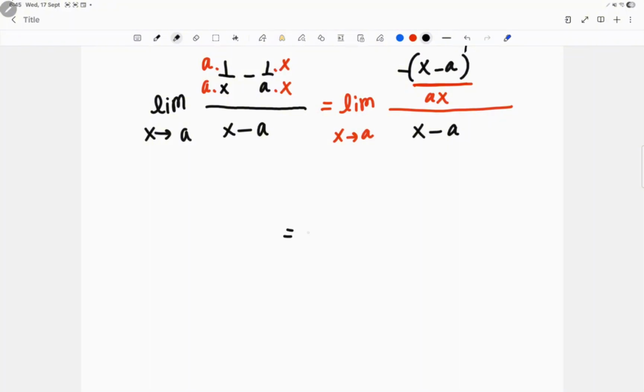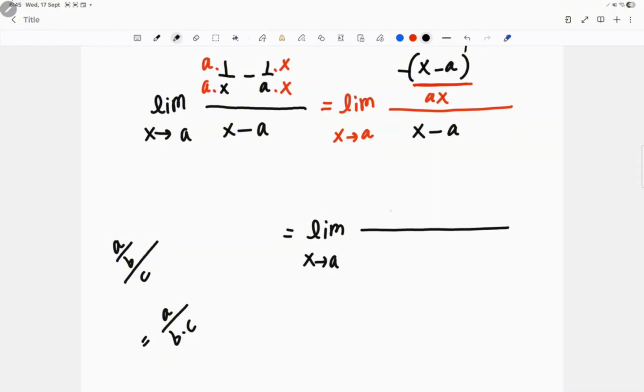And now let me simplify. So I'm going to have limit of x over a. This is in math like saying a over b over c is saying a over b times c. And now cancel out these guys.